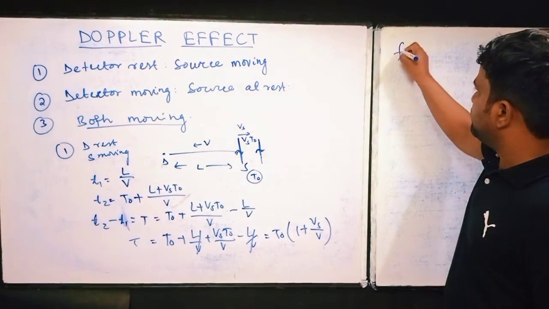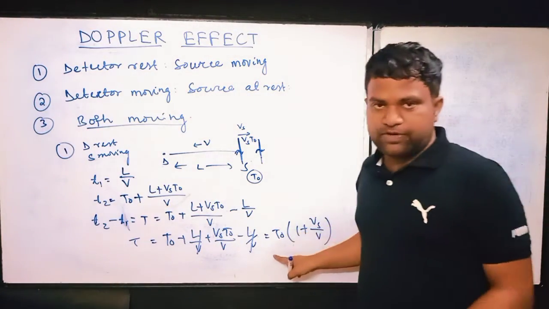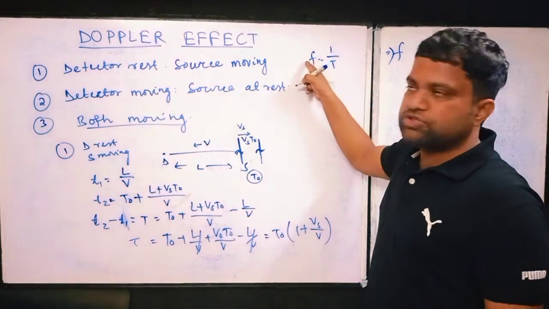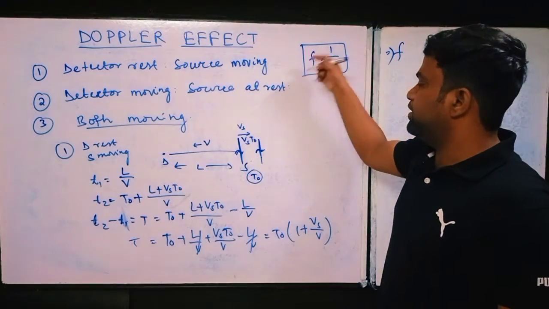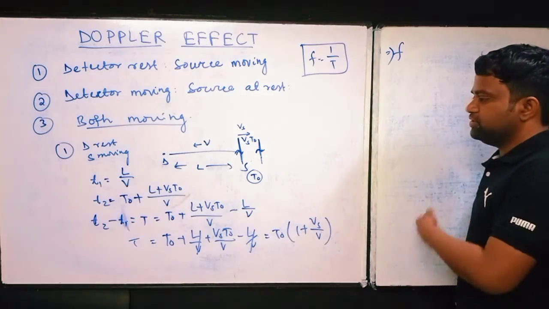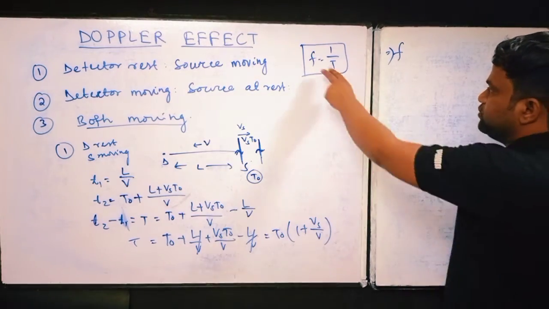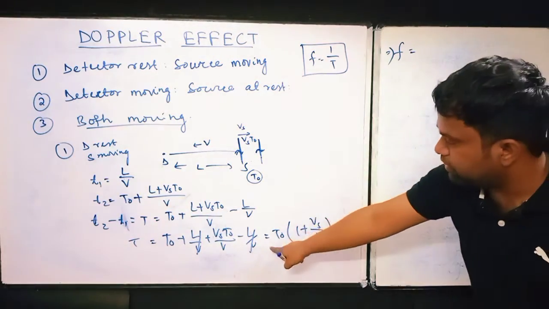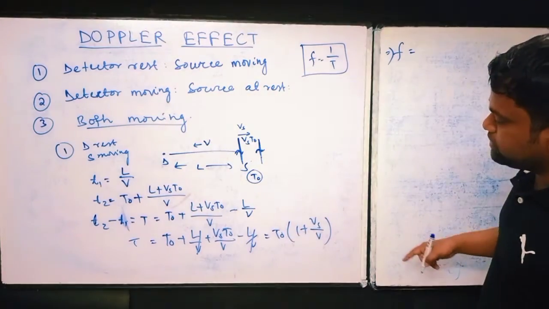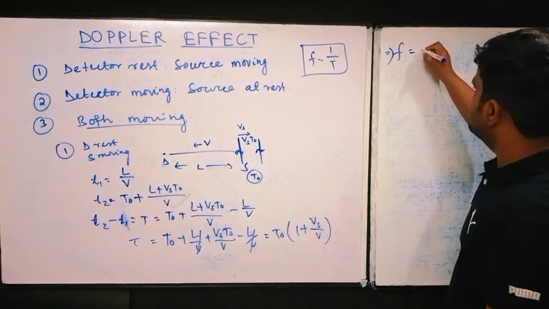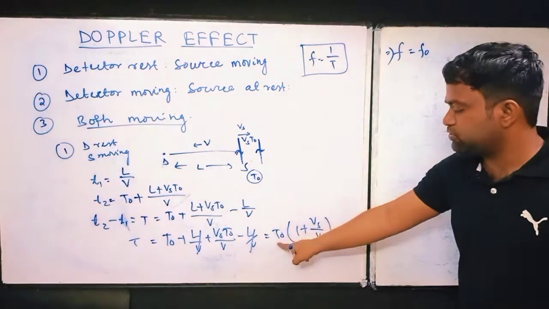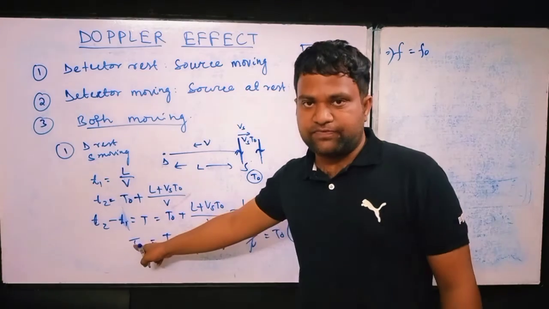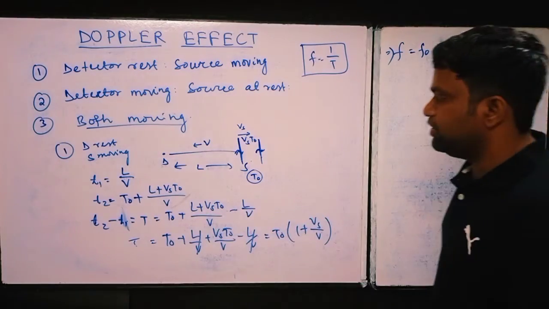Frequency is 1 upon time period, f equal to 1 upon t. Some books use nu, but we get confused with velocity or speed v, that's why I'm using f for the frequency. Here 1 upon t0 is the original frequency produced by the source, and 1 upon t is the frequency the detector or observer will get.